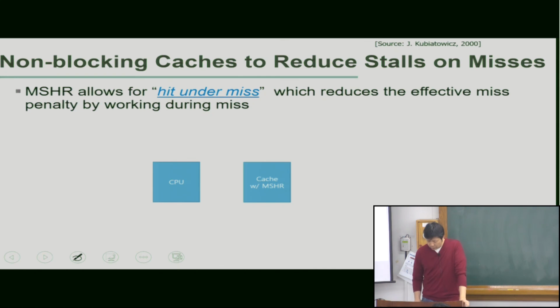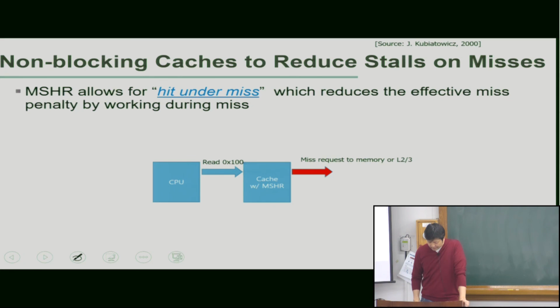If you only have a blocking cache, then a cache miss blocks the cache, so the later request is blocked. But if you allow hit under miss, then the first cache miss generates a miss request to the lower level of the memory hierarchy.